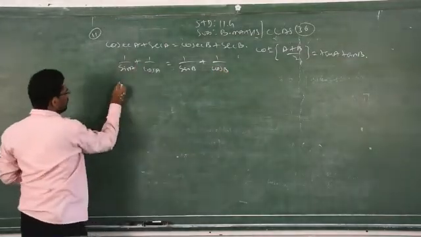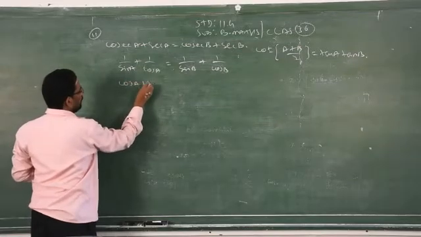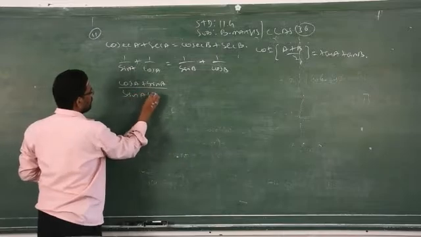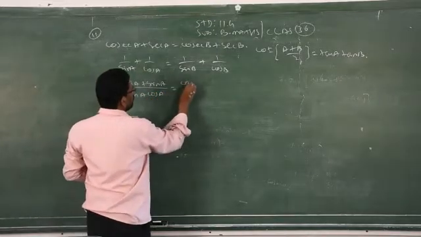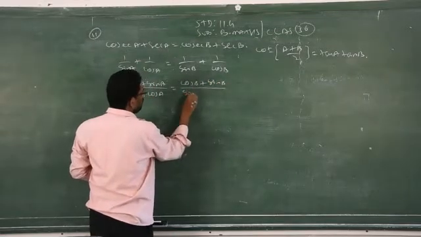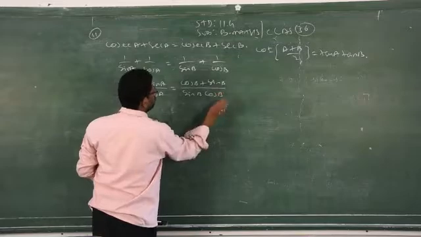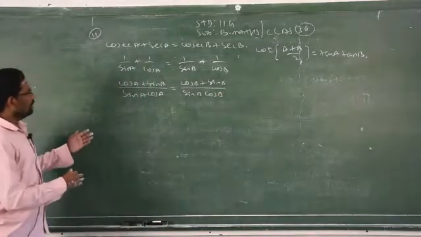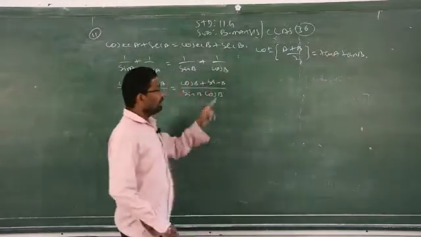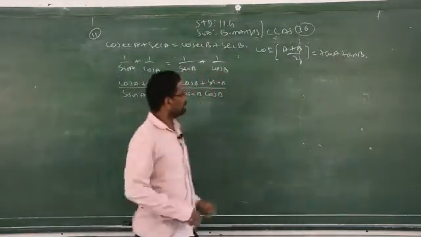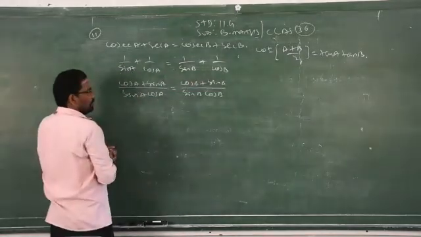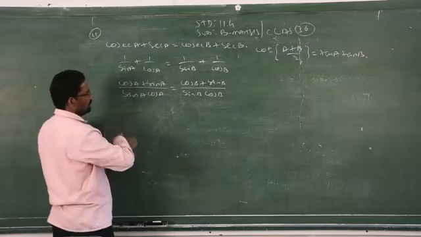Now just apply the cross multiplication. Cos A plus sin A by sin A cos A is equal to cos B plus sin B by sin B into cos B. Now you have to understand that concept. I need tan A tan B on the right side. It comes under multiplication. Clear? Therefore, I am going to take this denominator to the numerator of the right hand side. If you take it the other way, you will get some other format.